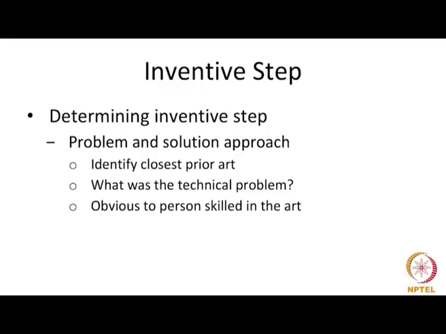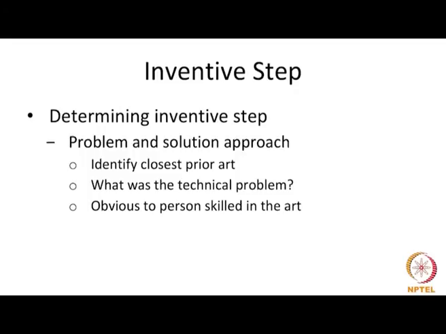Now, once we identify a steel wire as the closest prior art, by this we understand that it is either manufactured, or it is disclosed in some document. Now, we understand what is the technical problem that had to be solved, the objective technical problem.